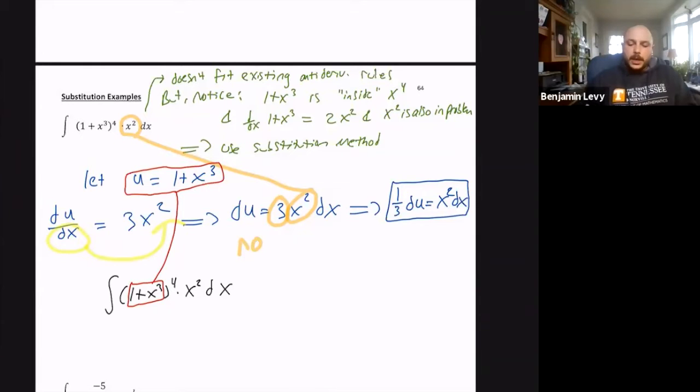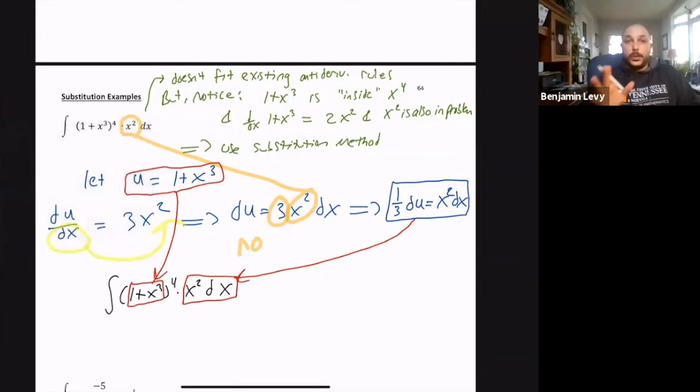And then I can take x squared dx and replace it with 1/3 du. Those things go into those two locations.